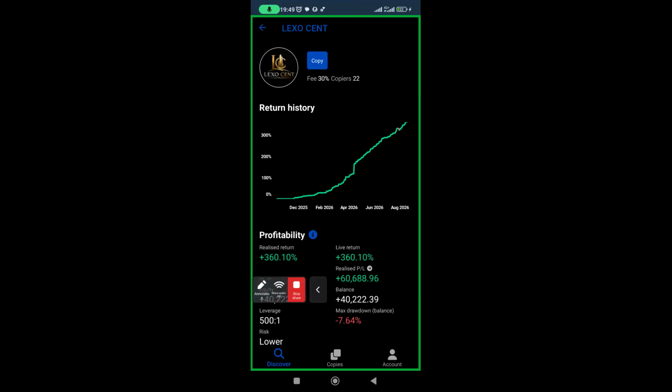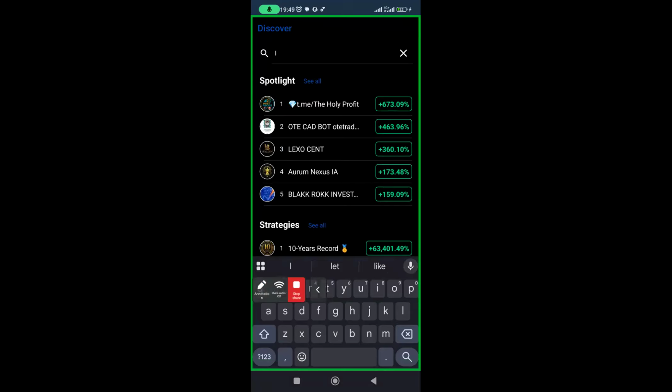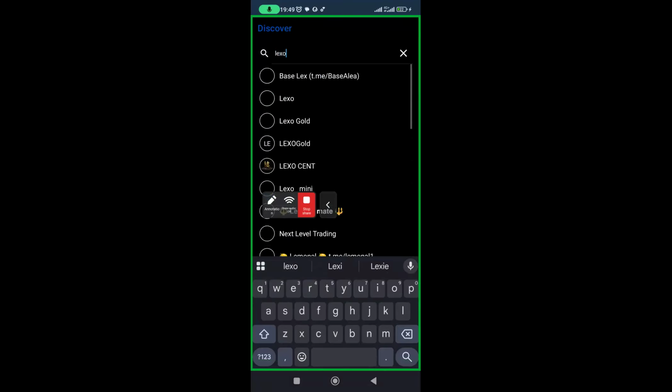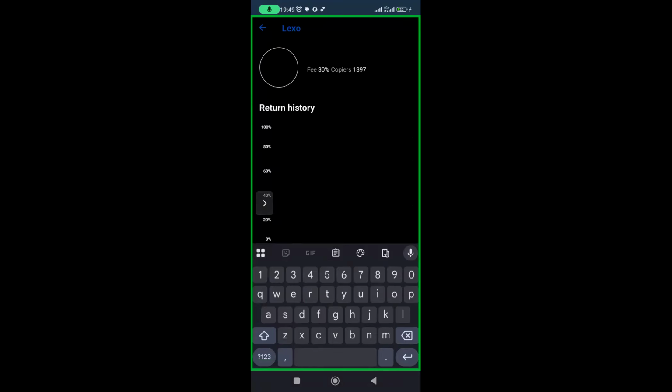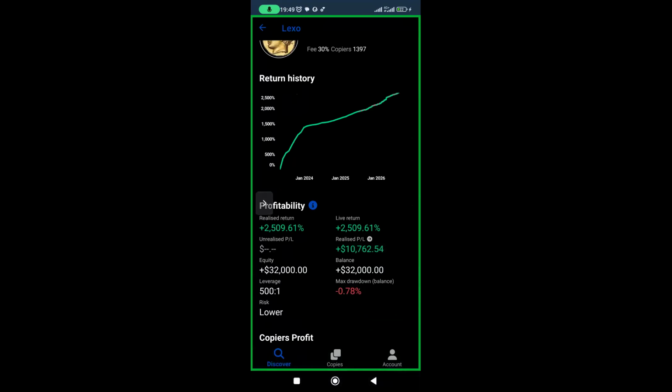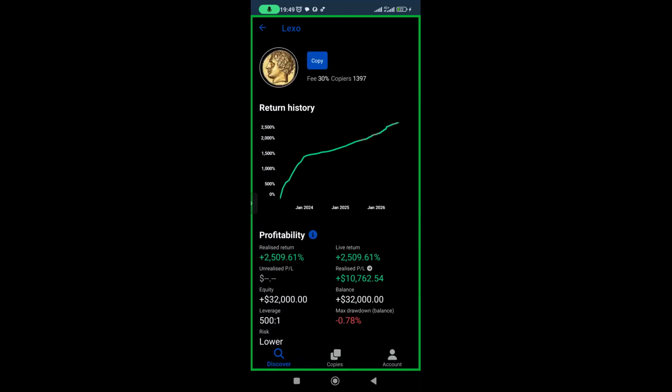Let me open another signal provider, and search for another one called Lexo. This Lexo guy is one of the top traders that we have on the platform, and he has been trading since 2024. Imagine you had an account copying this particular trader since 2024, and imagine how much you would have made since then.